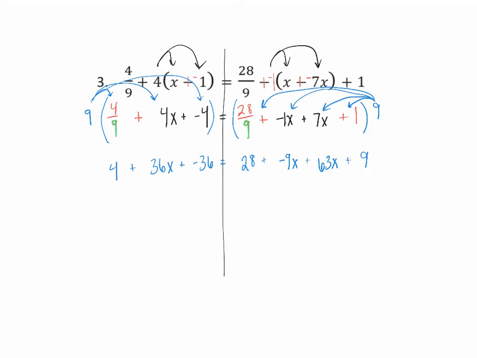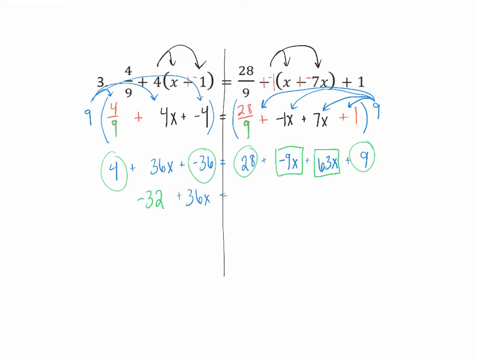All right, now I'm going to combine my like terms. So on this side I have a 4 and a negative 36. On this side I have a 28 and a 9. I also have a negative 9x and a 63x. So I'm going to combine all of these things. 4 and negative 36 is negative 32. Okay, keep my plus 36x.